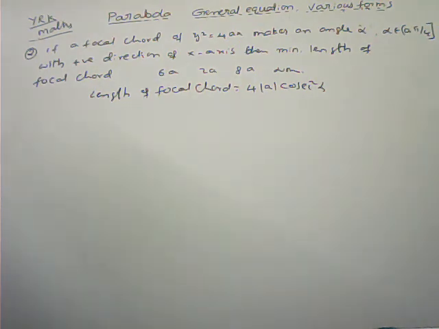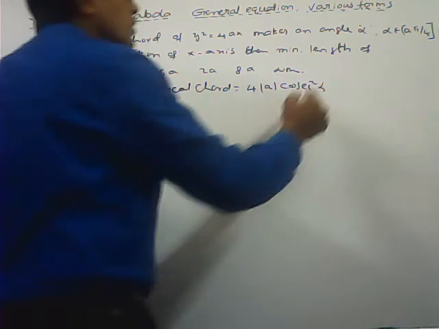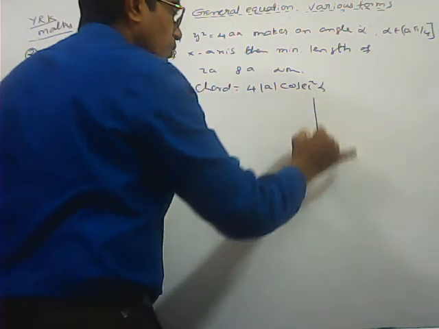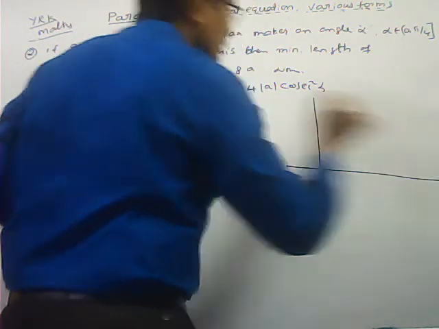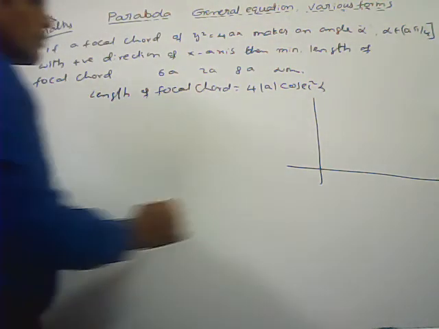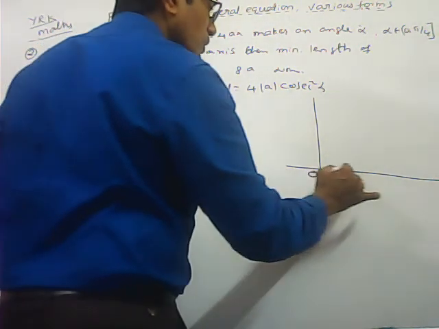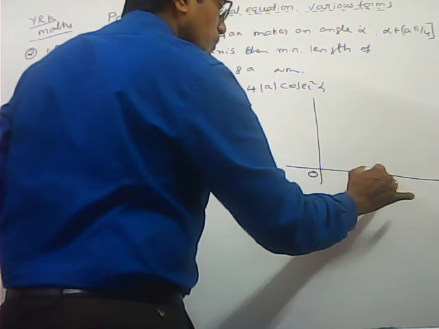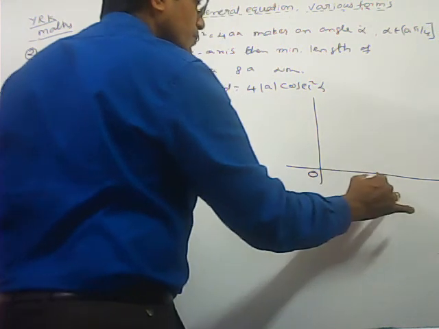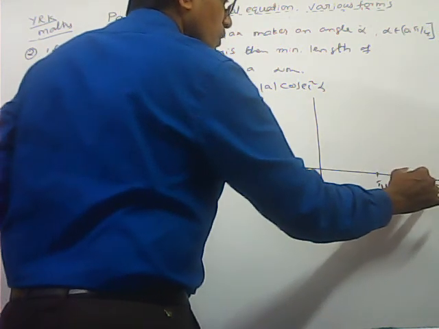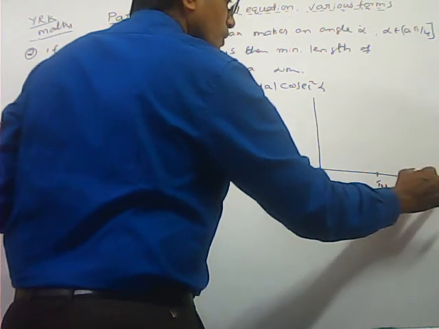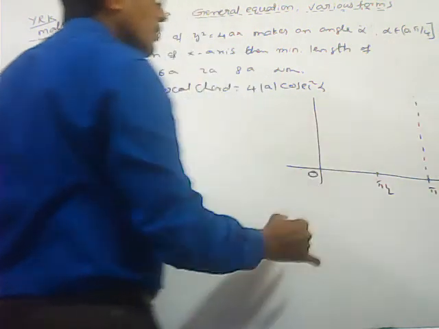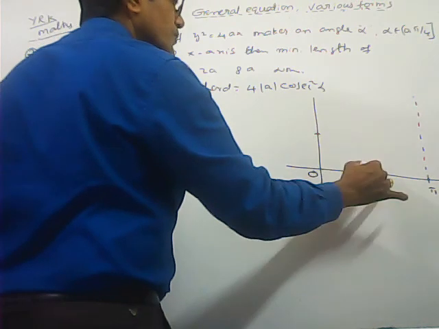Now, here you can see in 0 to pi by 4, what about the graph of the cosecant alpha? Here 0, pi by 2, here pi, this is 1.